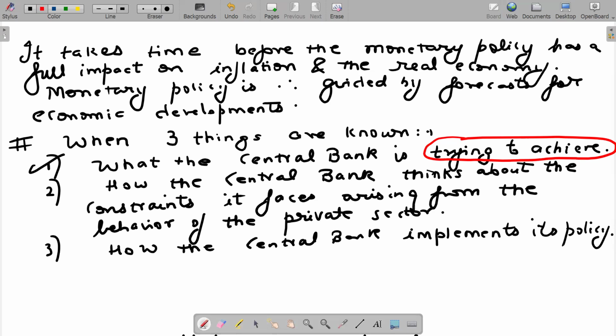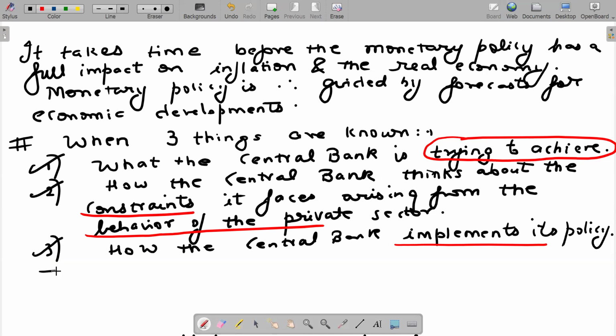What is the objective of the central bank? Second thing, it's going to take into account the constraints it is going to face from the behavior of the private sector. The third thing, once you have decided the target, how you're going to implement your policy. These are three things the central bank should know.